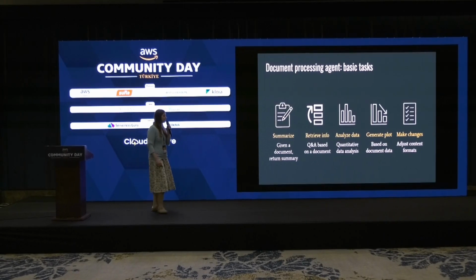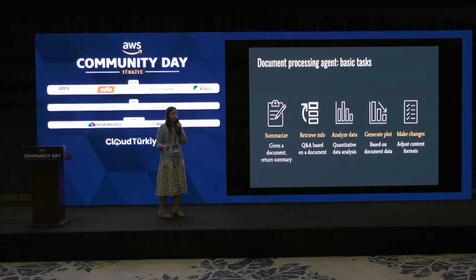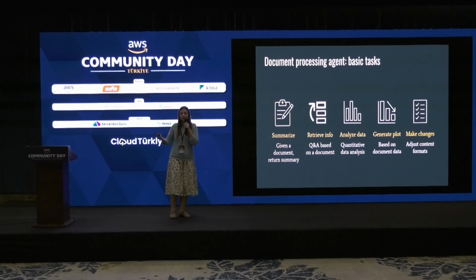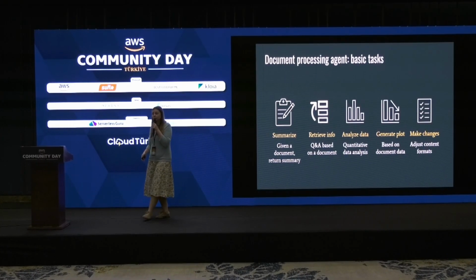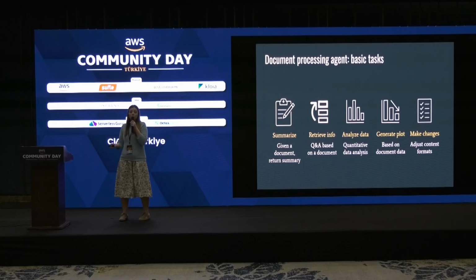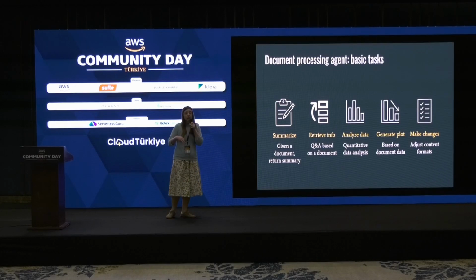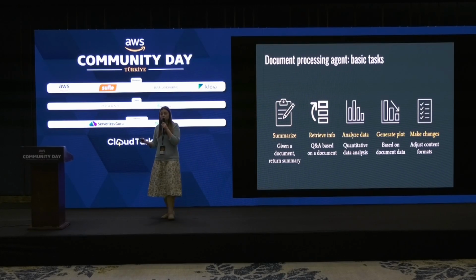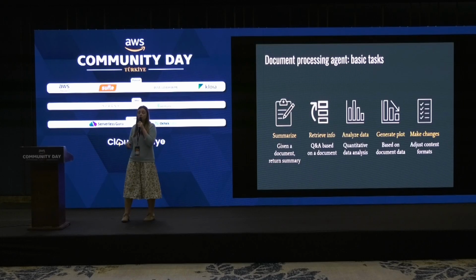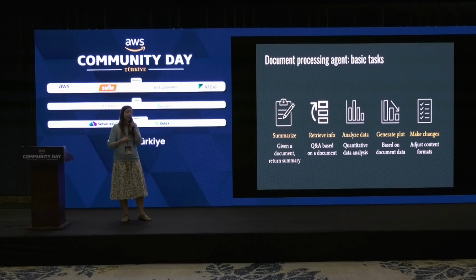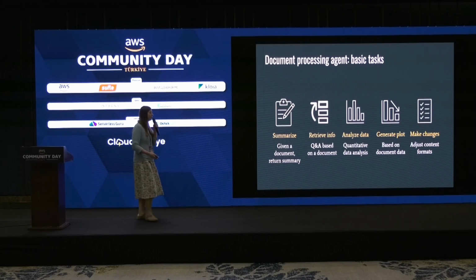First of all, this is summarization. We don't need to go through documents and read all the pages. We need to quickly know what is going on in the document. Then we have information retrieval. Given a document, we need the ability to ask a question and get an immediate answer.